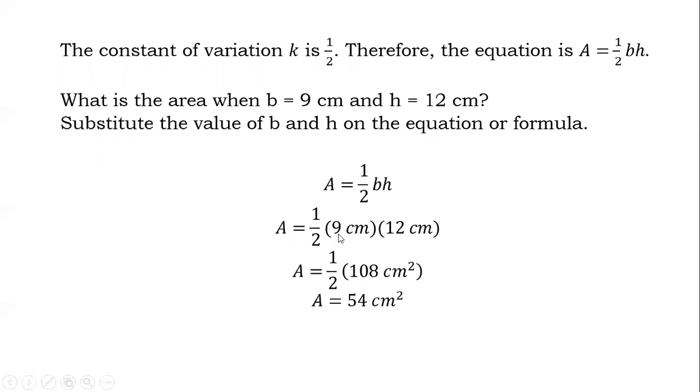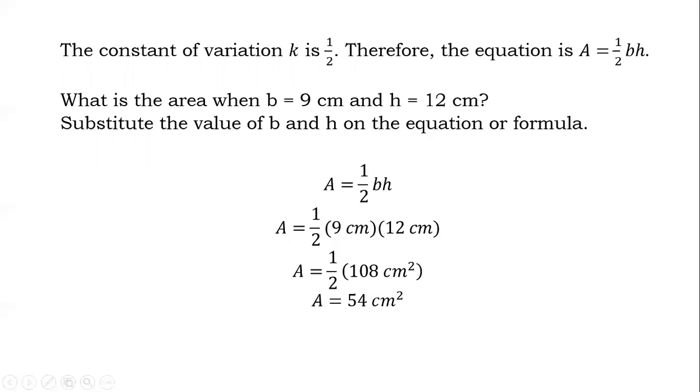So 12 times 9 is equal to 108 square centimeters, and half of 108 is 54. The area of the triangle is 54 square centimeters. So that's the answer.